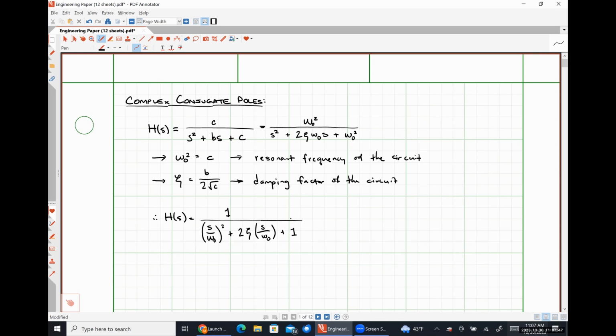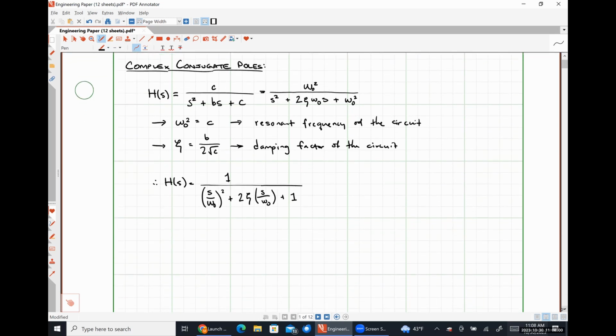So now we're going to talk about how zeta informs the behavior of this transfer function. So let's first consider cases where zeta is greater than 1. Specifically here, we're going to mathematically look at zeta equal to 1.25 because the math will come out easily in this case.